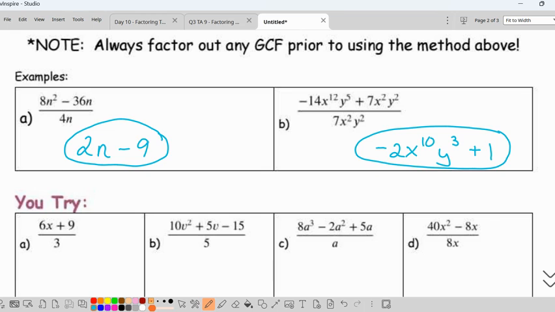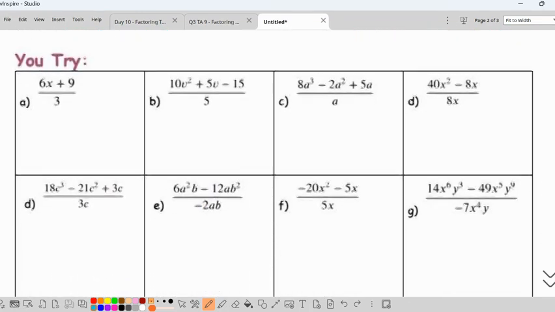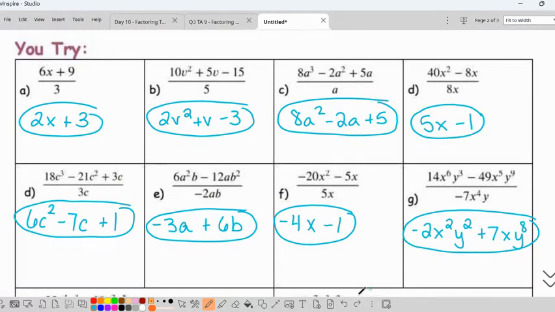Take a moment to pause the video and practice your dividing. Divide the coefficients, but subtract the exponents. Take a look at the answers that are provided for A through G. Keep in mind that you can also check your answer. If you're getting 2x plus 3, I could multiply it by the denominator.